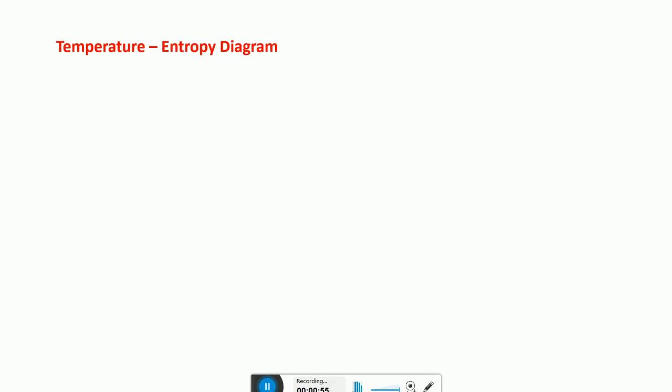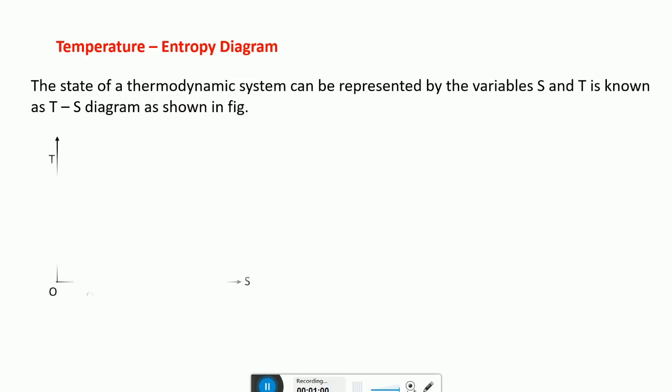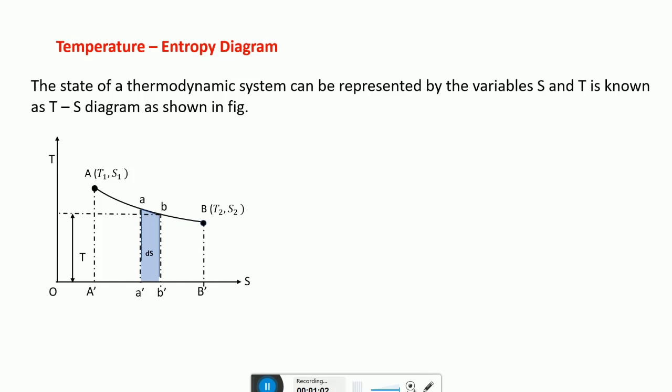So let us study the temperature entropy diagram. This figure shows a TS diagram. The point A represents a state with entropy S1 and temperature T1.